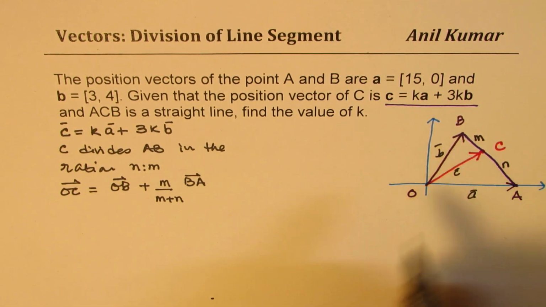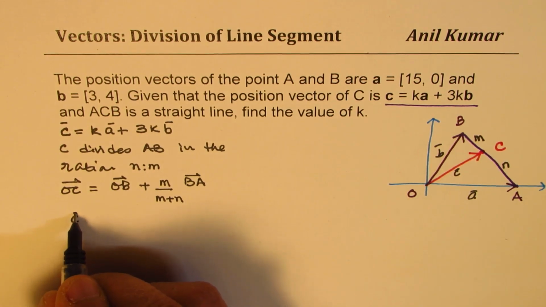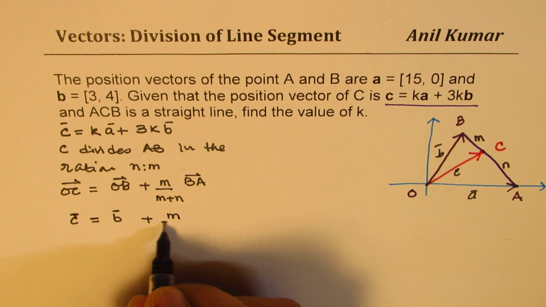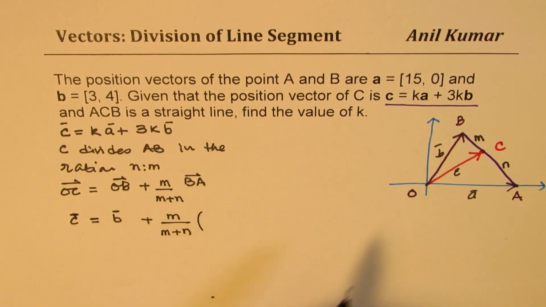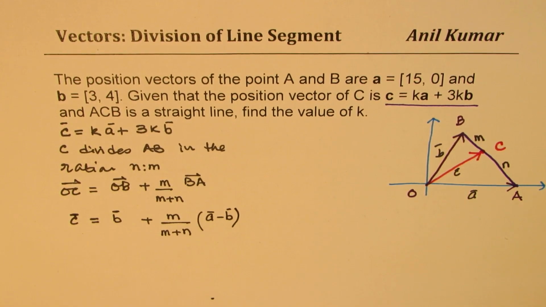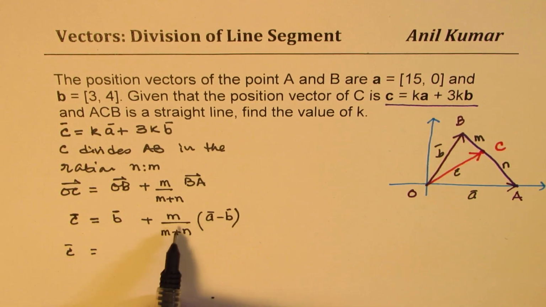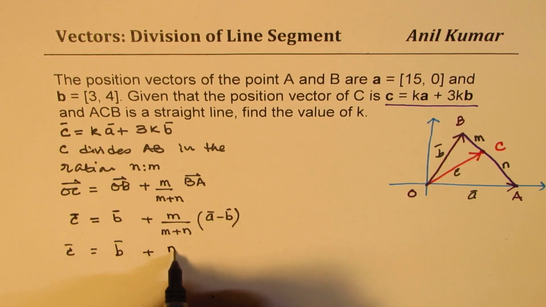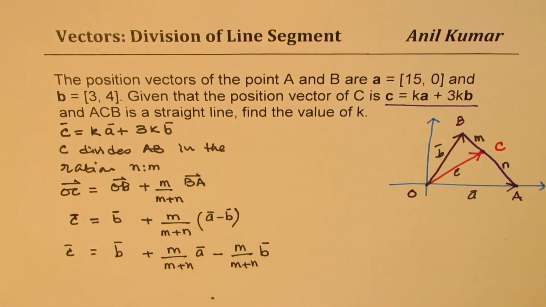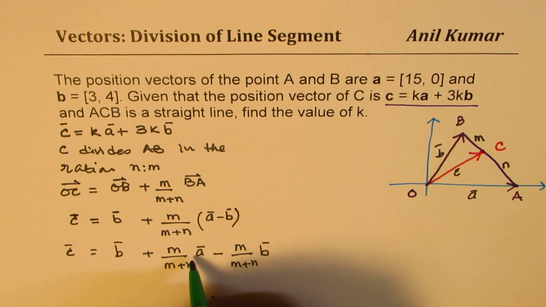Now, writing it in terms of A, B, C, the position vector OC could be written as C equals OB, which is vector B, plus the ratio M over M plus N, and BA is A minus B. So we could get C as equal to, let me separate these terms, M over M plus N times A minus M over M plus N times B. When I say times, I really mean scalar multiples.